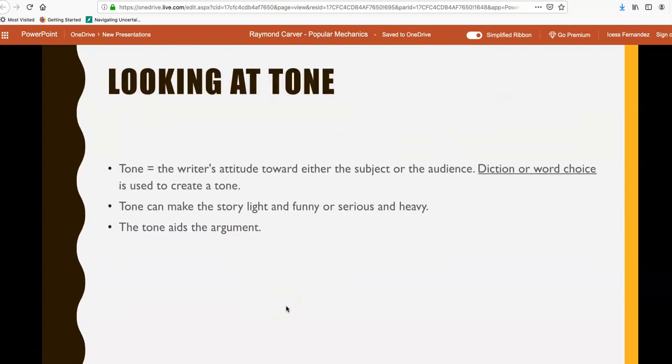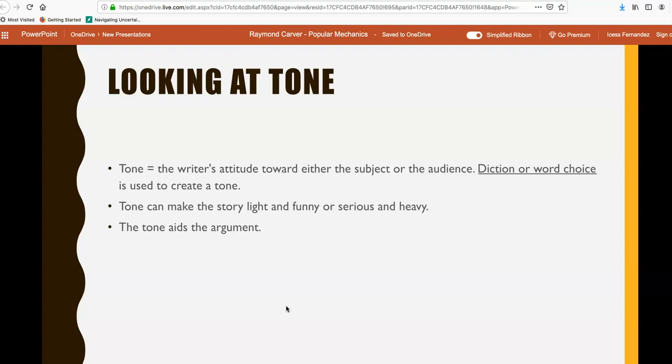We also need to look at tone for this story. Just a reminder, tone is the writer's attitude toward either the subject or the audience. You get this through diction, or word choice, or through syntax, like the order of the words. Tone can be light and airy and funny, or serious and heavy.